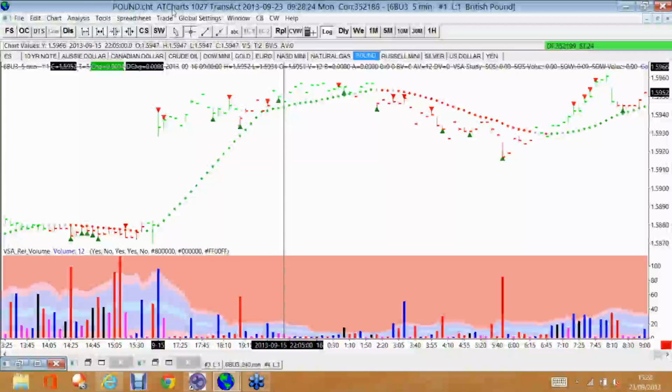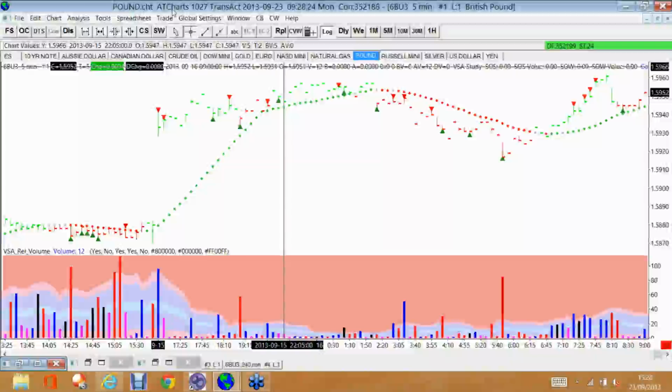And the euro, I'm just seeing if we get a no demand bar here. So this is what I'm watching: the euro really is the main one where I can see a potential setup here.